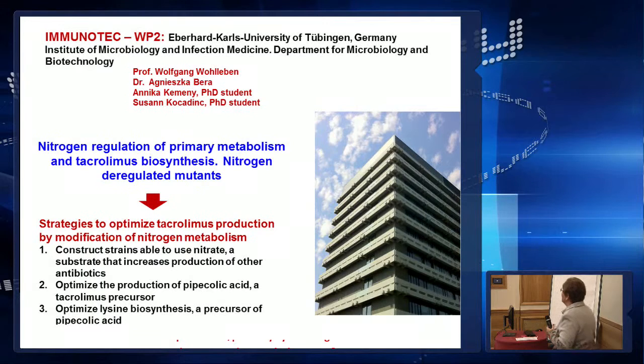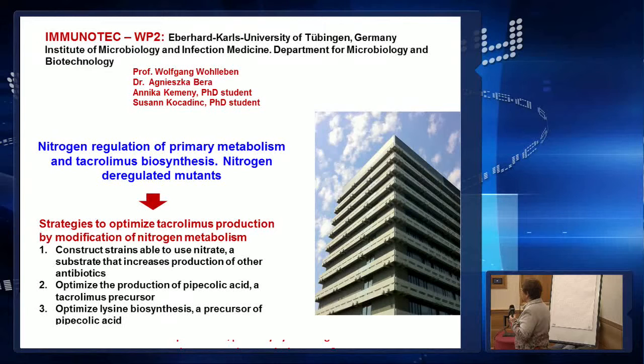Work Package 2 is the Institute of Microbiology and Infection Medicine in Tübingen University. This group is working on the nitrogen regulation of primary metabolism and biosynthesis of tacrolimus, and looking for nitrogen regulatory mutants.